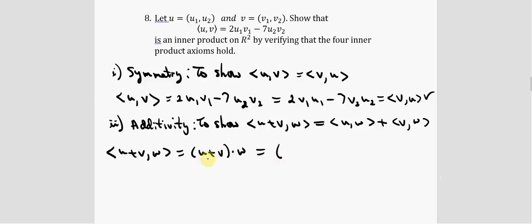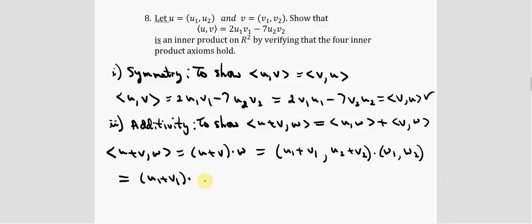And so notice that the terms for u plus v would be u sub 1 plus v sub 1, comma, u sub 2 plus v sub 2, that's dot with w sub 1, comma, w sub 2. And when we work that out, we get u1 plus v1, the dot product of that with this w sub 1.